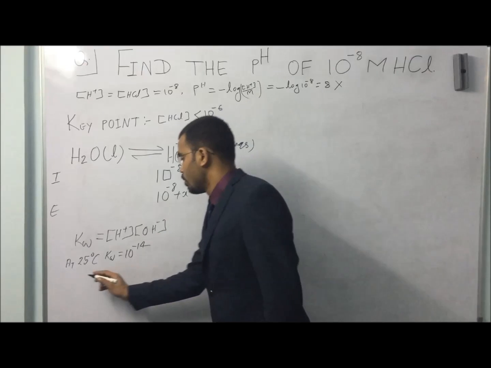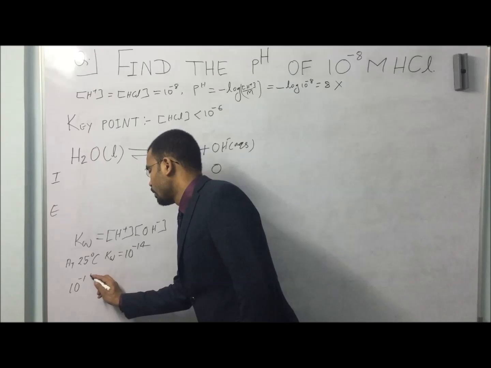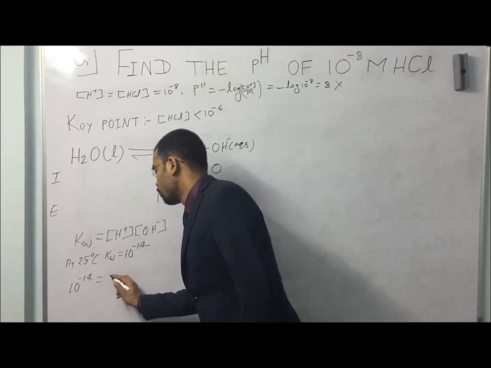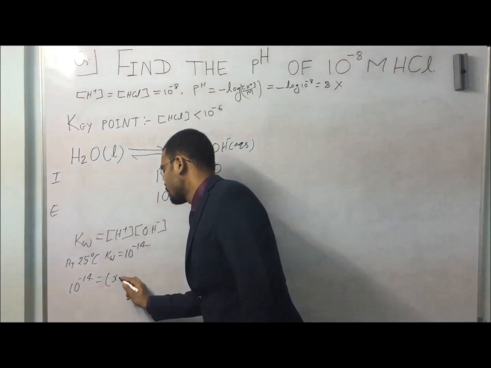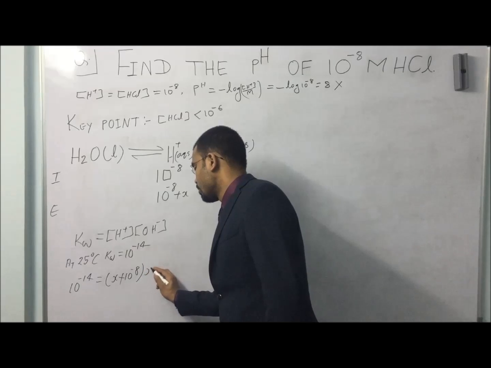So 10 raised to minus 14 equals x plus 10 raised to minus 8 into x.